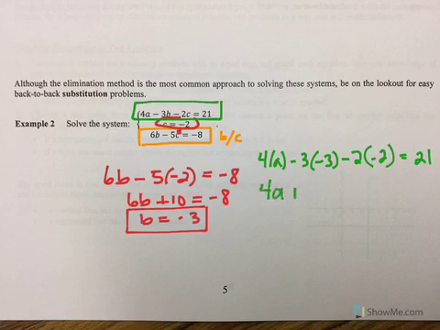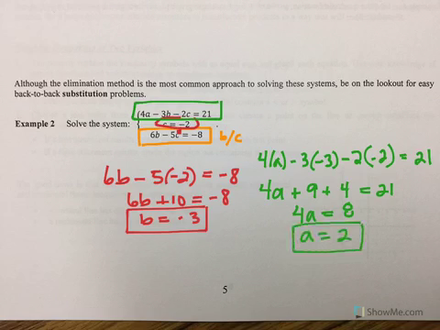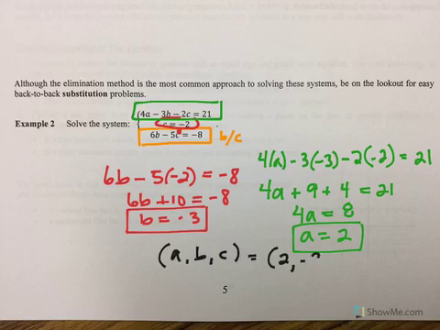So I get 4a plus 9 plus 4 equals 21, and I get 4a equals 8, and a equals 2. So again, we want to write our final answer as an ordered triple, A first, going in alphabetical order. We're going to get 2, negative 3, negative 2. Final answer.